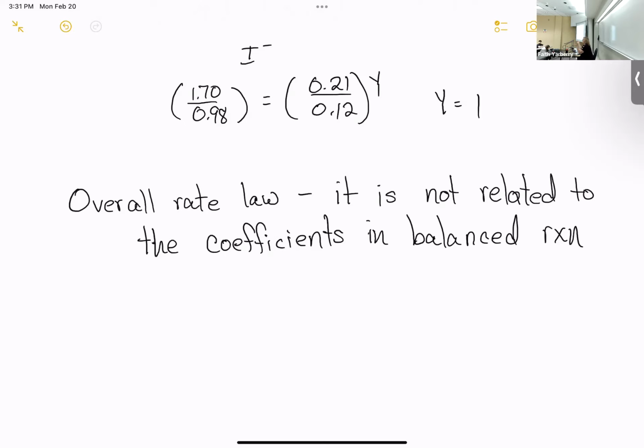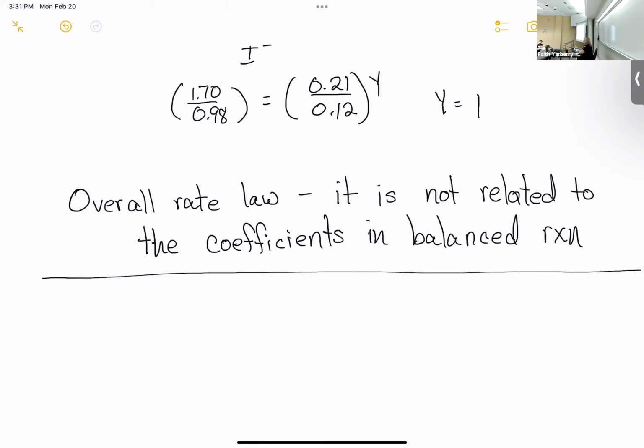If you want something to go creepily slow, put it to 0 order, because that means it doesn't have any impact. In other words, it tells you how fast the reaction is going to go based on that particular component. Other questions?